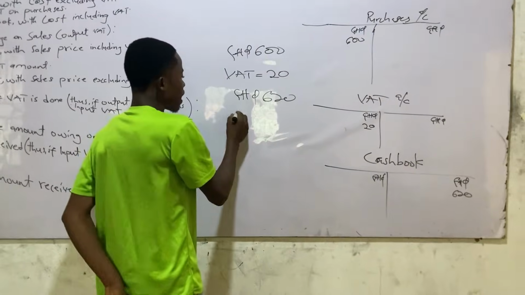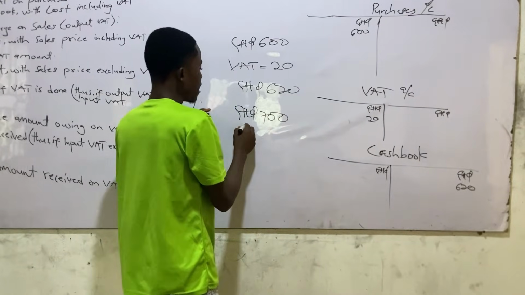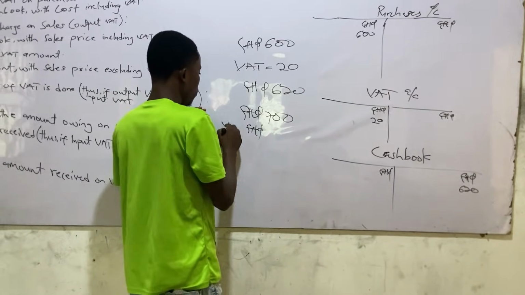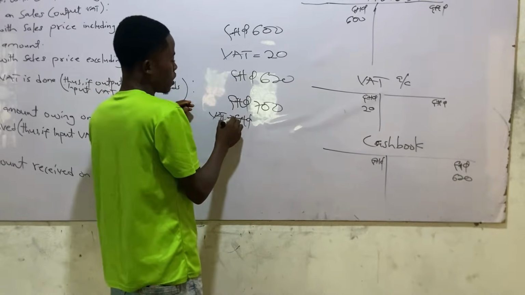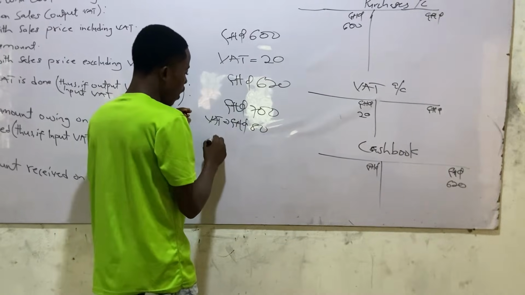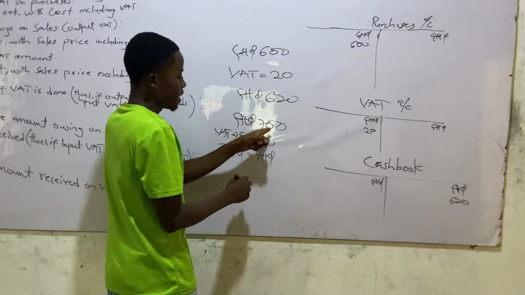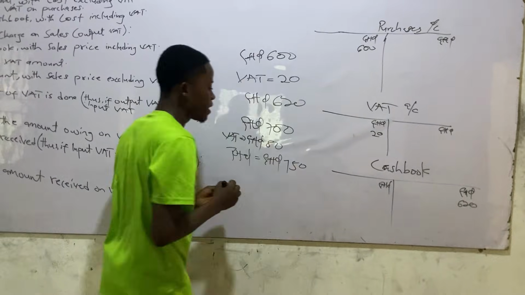So we sold goods at 700 Ghana cedis, and then let's say this is our VAT. We have VAT of 50, and then the total amount will be 750 Ghana cedis.